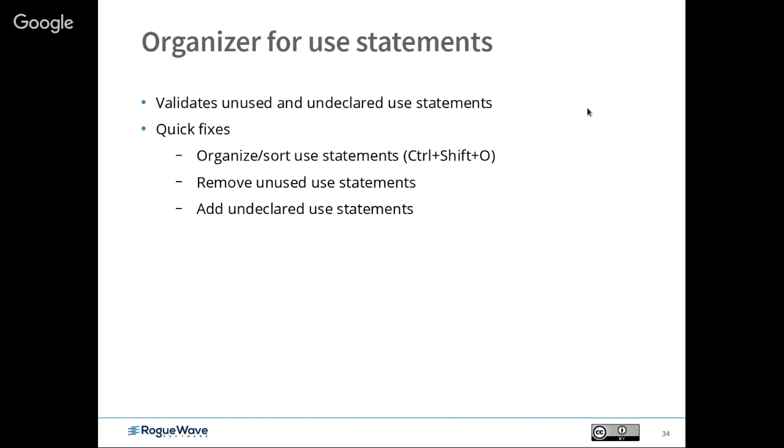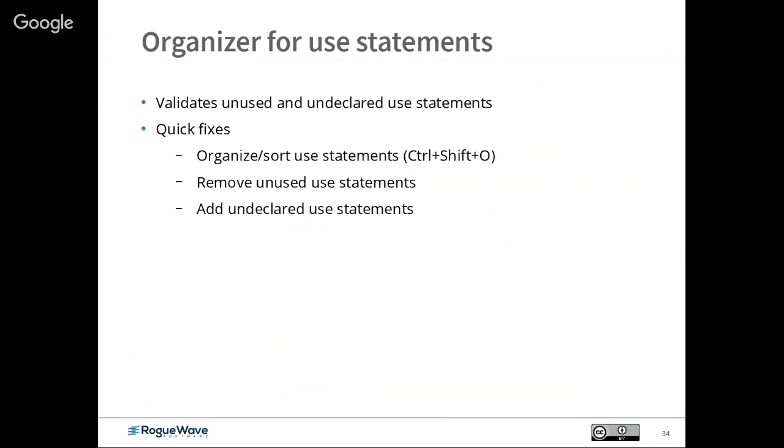This has some validation rules: if the use statements in your PHP file are not all used, or you have some code that requires a use statement, but it's not declared. And for these validations, we have quick fixes for organizing or sorting the use statements.